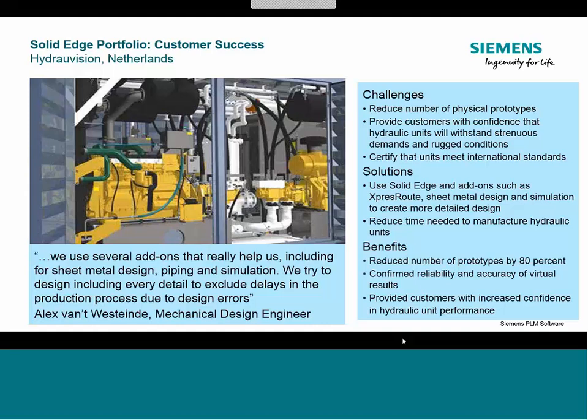So the comment that they make is that they've been able to really reduce the number of actual physical prototypes that they used to create by 80% by modeling their complete equipment using Solid Edge and using the piping and tubing capabilities that Kevin showed to really model the complete package. So if you go to solidedge.com, look in our case studies area, you can search by application type or industry type to see a lot of different case studies.